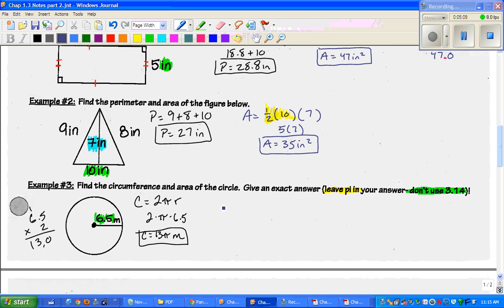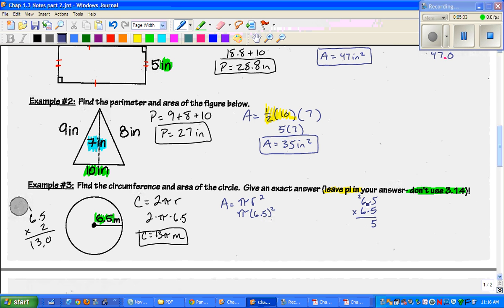All right, on to area. Area equals pi times radius squared. We know our radius is 6.5. So we have to multiply 6.5 times 6.5. 5 times 5 is 25.